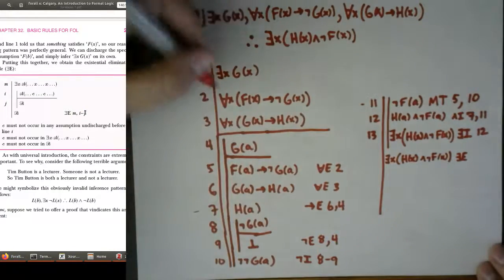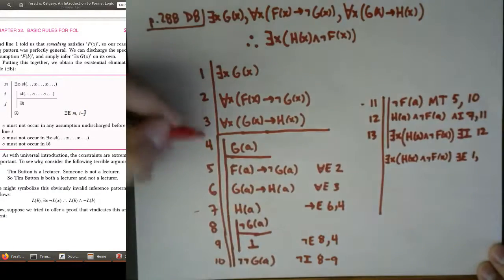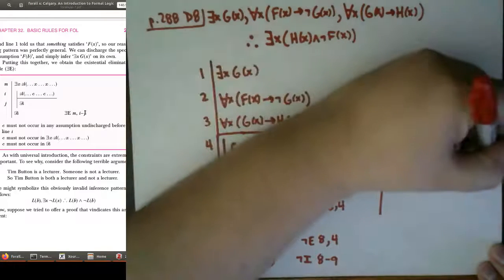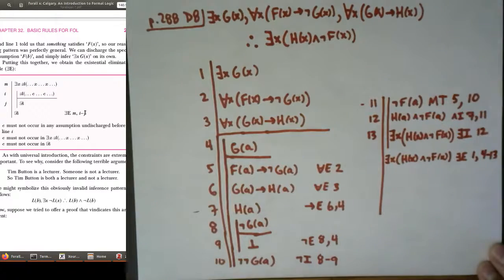So I have to cite line 1, and then I have to cite the subproof from 4 to 13. Now this ended up with one fewer step than the previous, so that's great. I don't know how we accomplished that, but wonderful. So there's D8.